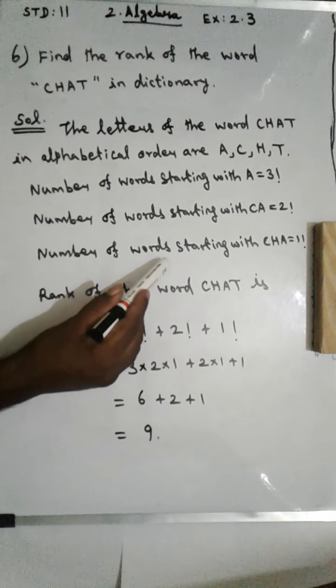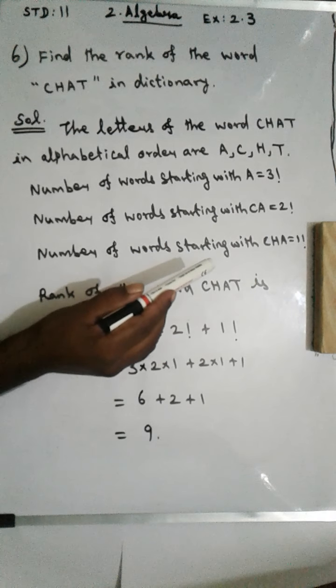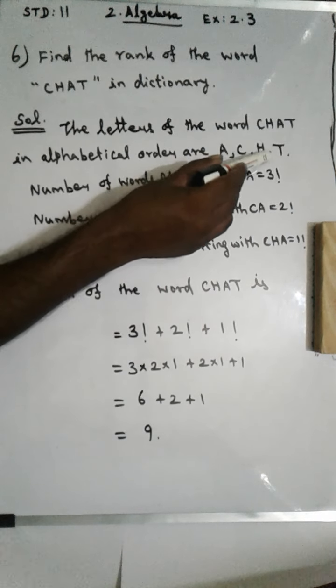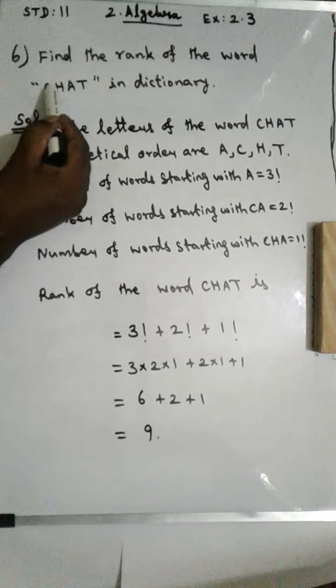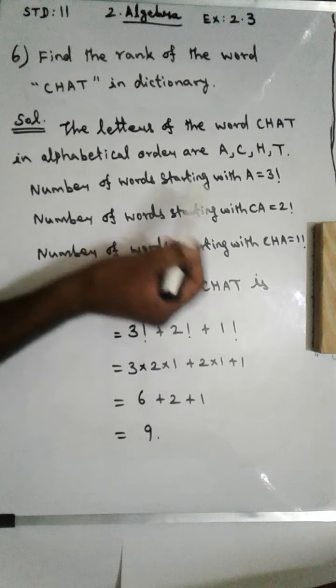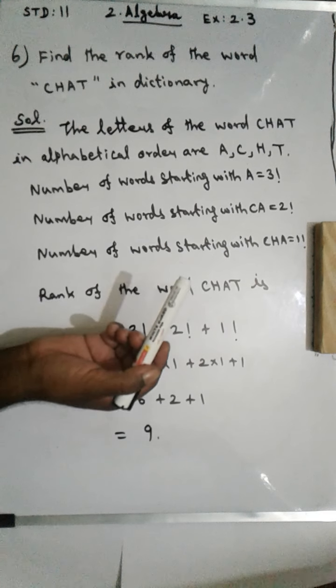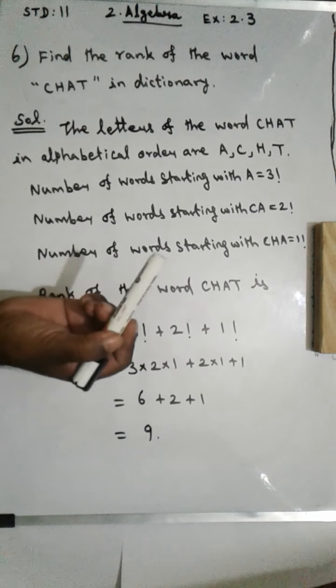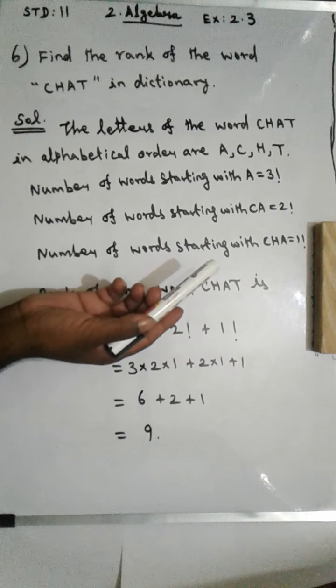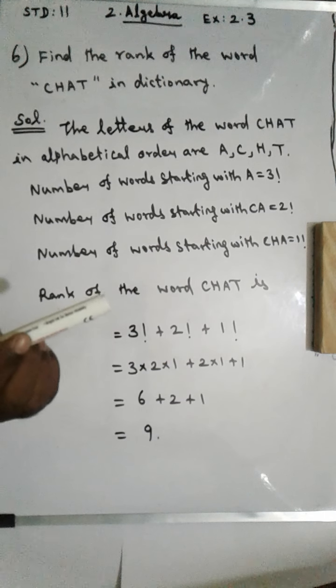Next, number of words starting with CHA: only 1 letter remains, so only one way, 1 factorial.